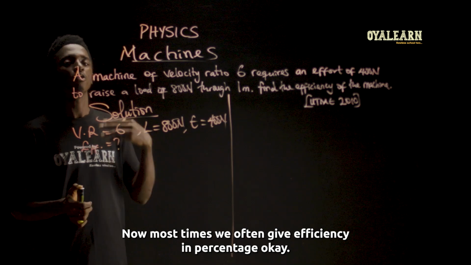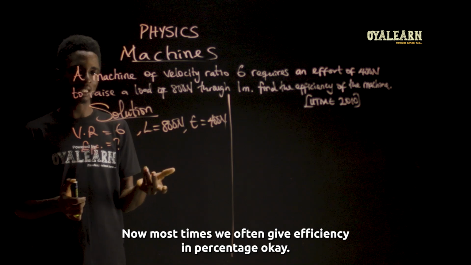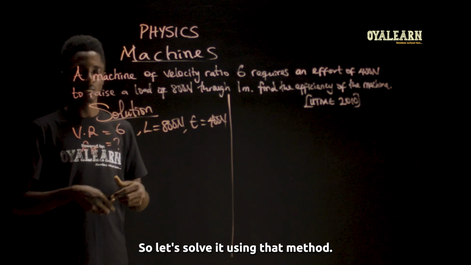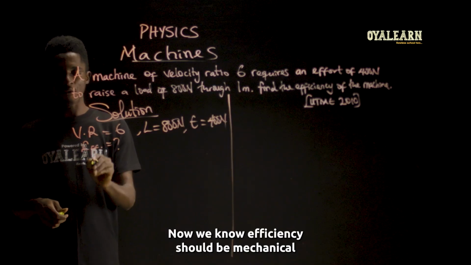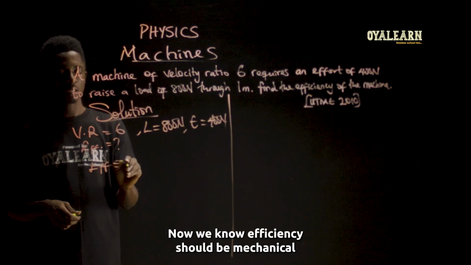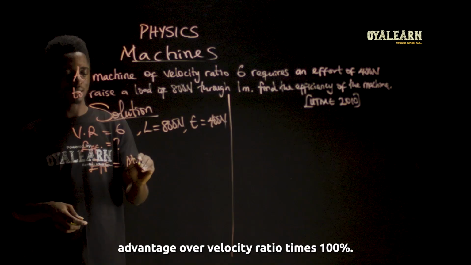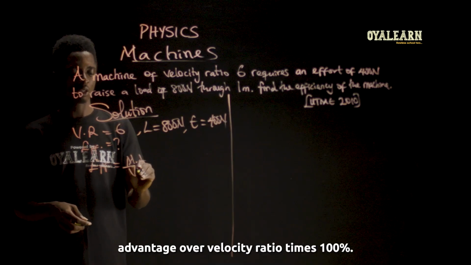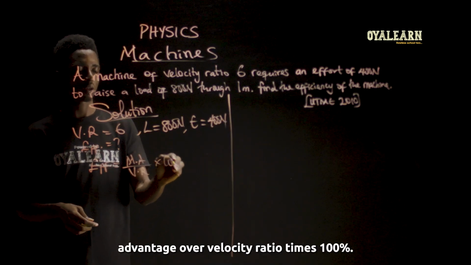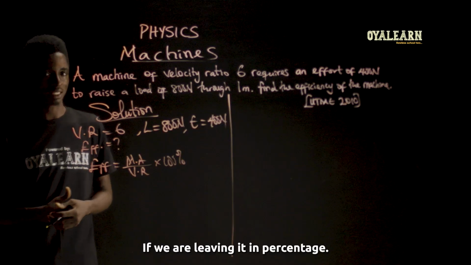Most times we often give efficiency in percentage, okay? So let's solve it using that method. Now, we know efficiency should be mechanical advantage over velocity ratio times 100% if we are leaving it in percentage.